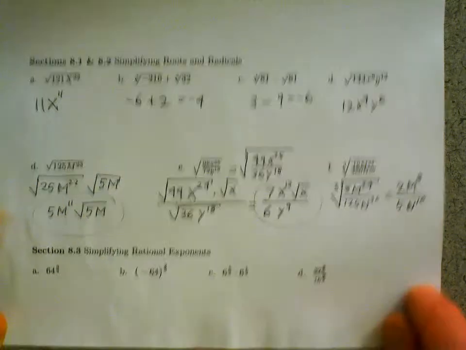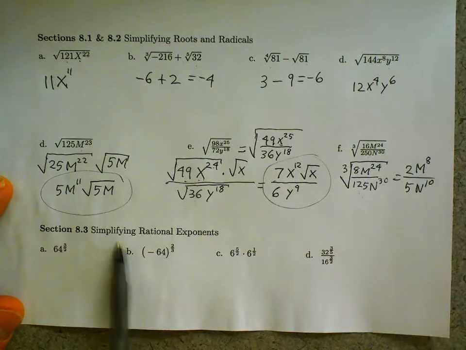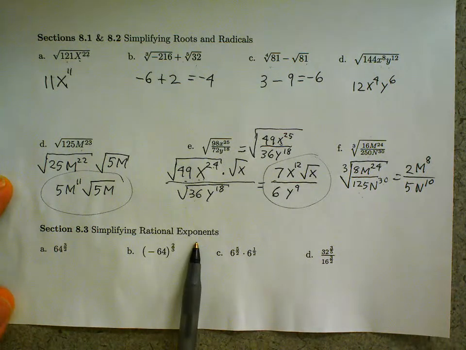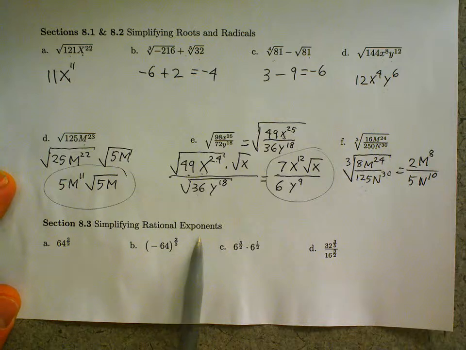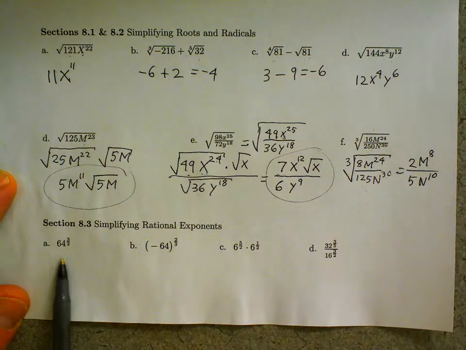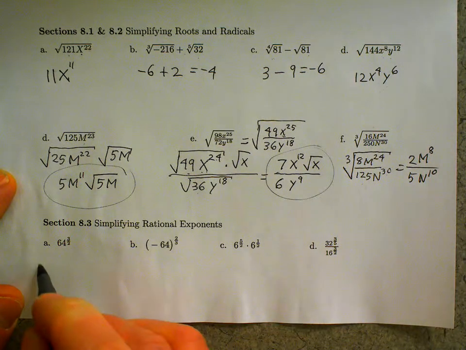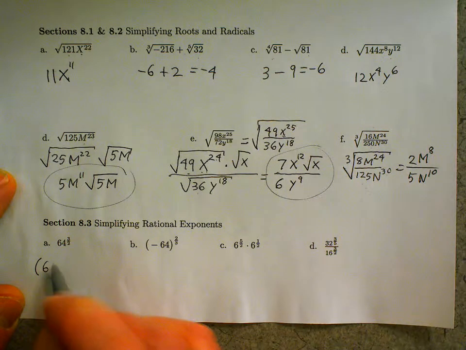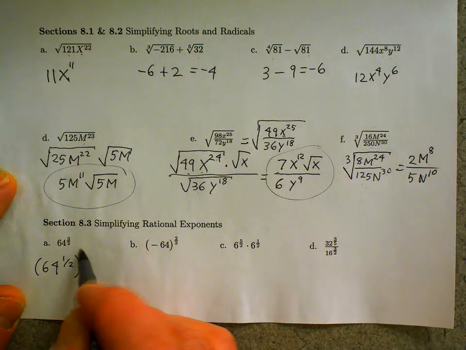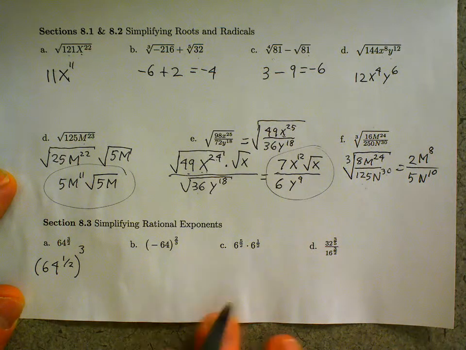Okay, moving on, section 8.3, simplifying rational exponents. 64 raised to the 3 halves. So that's an exponent, 3 halves. So we can write this as 64 to the 1 half raised to the 3rd.